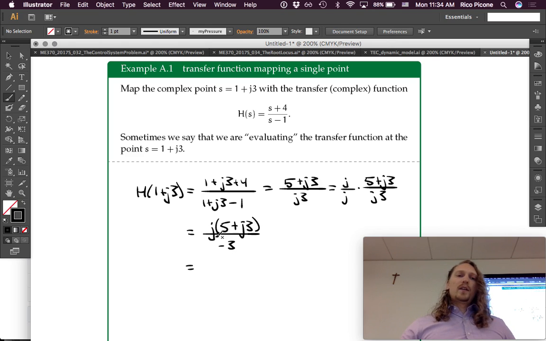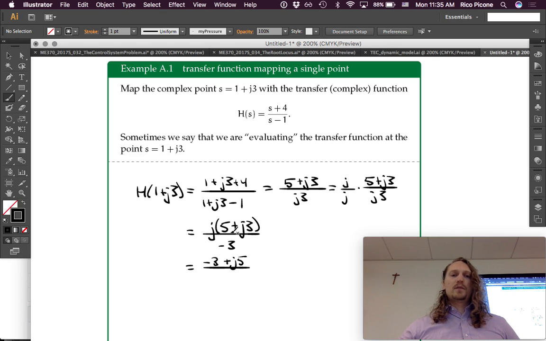And then let's distribute the j. So we're going to have -3. I'm going to move this term here. J times j is -1, times 3 is -3, plus j5.